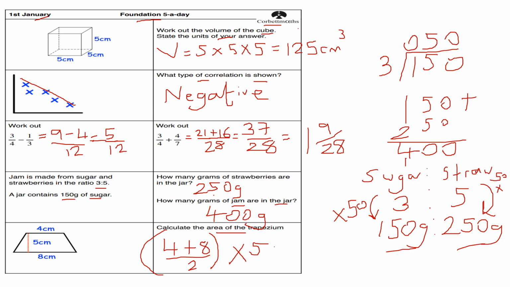Parallel just means the lines never meet. 4 plus 8 is going to be 12, so I have 12 halves, which is equal to 6. 6 times 5 is equal to 30, and the units for area in this question will be centimeters squared, because the measurements are in centimeters.